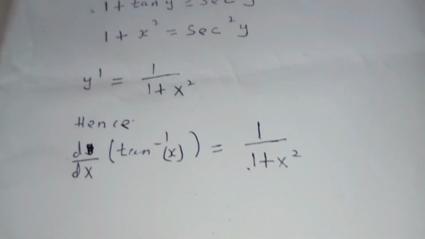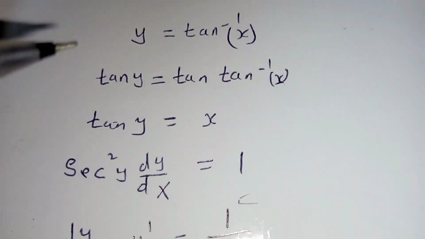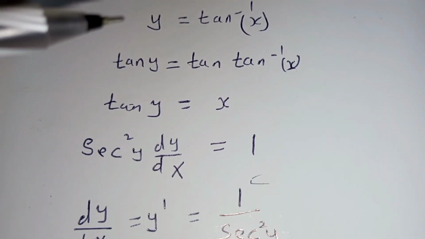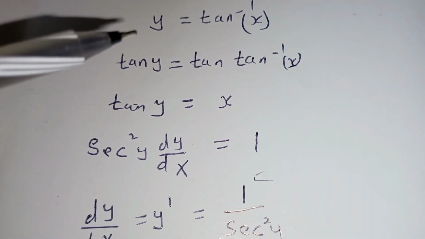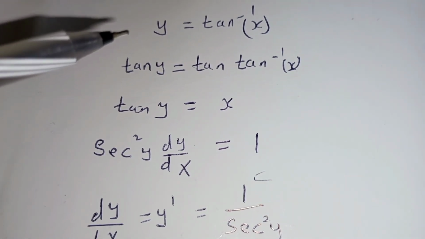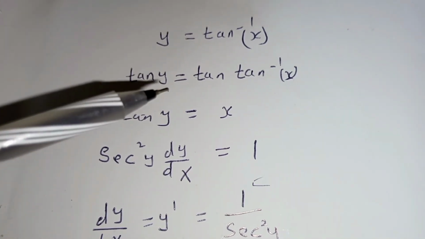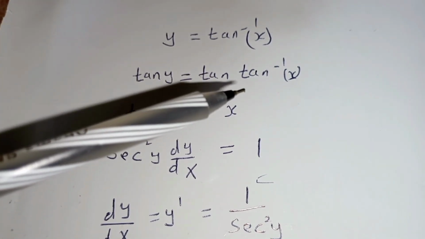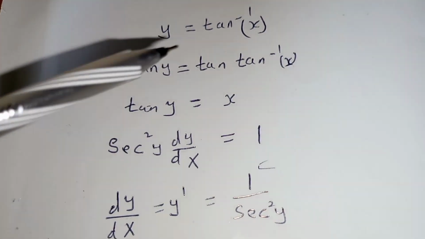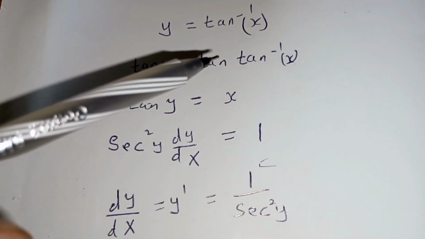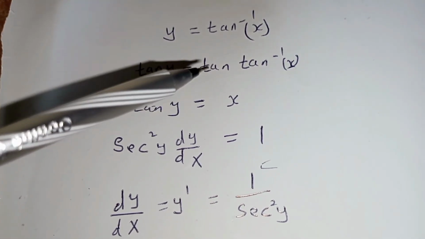So the recap of what we have just done: you are going to find the derivative, or you differentiate, tan inverse of x. The first thing we did was to multiply both the left and the right with tan, to obtain tan y on the left, equal to tan multiplied by tan inverse of x on the right. On the right, we made use of the law of indices, whereby you have tan to the power 1, then 1 plus negative 1 is 0, and anything to power 0 is 1.